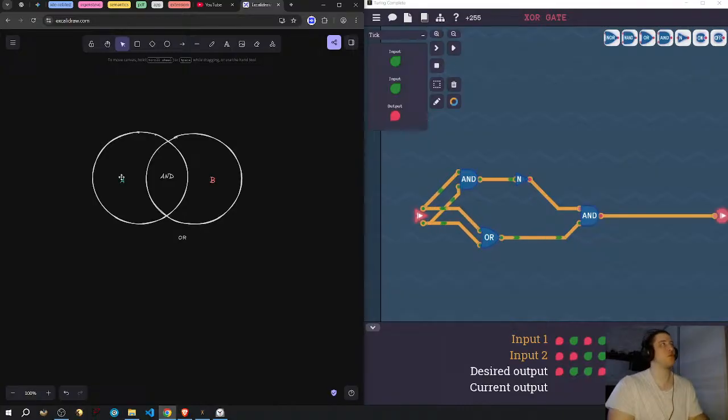The question is, what does this mean? And this is what makes it hard to think about, because you have to think about the variations of the inputs and how they're going to impact this. Because obviously the AND is only going to work if both inputs are true.